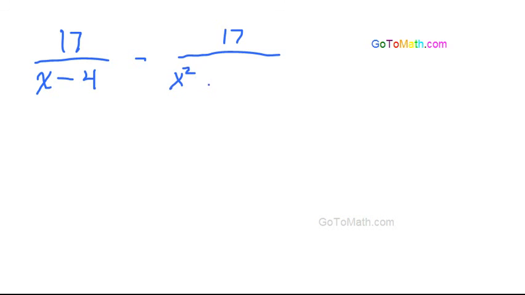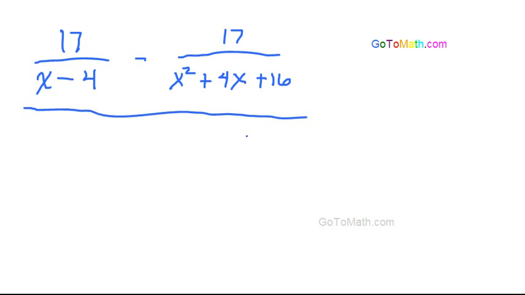Alright, so we got 17 over x minus 4, and that's minus 17 over x squared plus 4x plus 16, and we got x cubed minus 64.